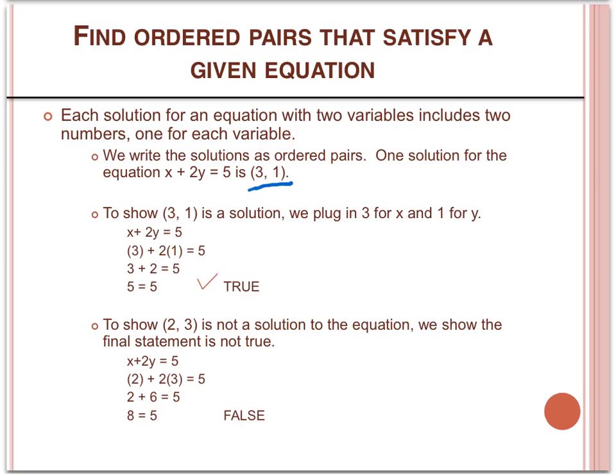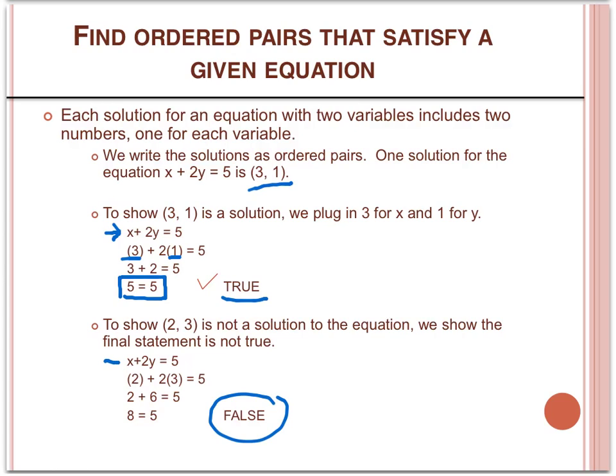To begin, we start with the equation. We plug 3 in for the x and 1 in for the y. When simplified, we have 3 + 2 = 5, and 5 does equal 5. This statement is true. To show (2, 3) is not a solution to the equation, we show the final statement is false.